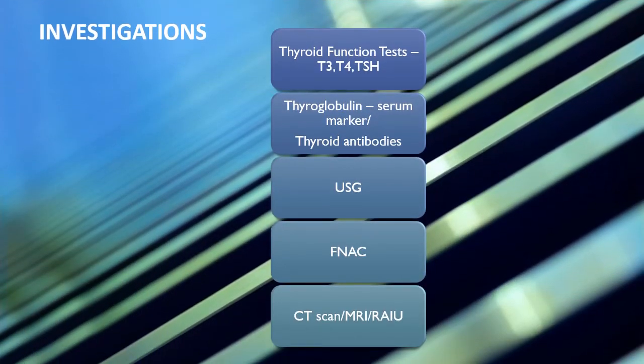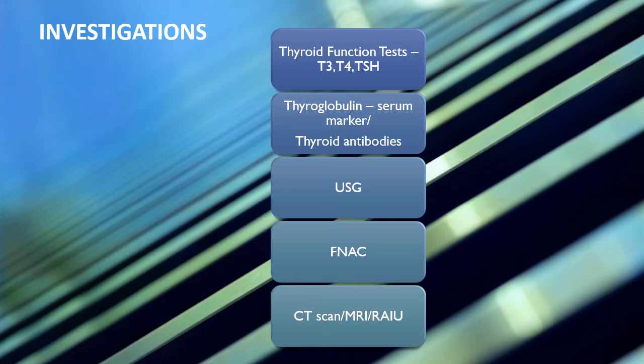The investigations required for thyroid cancers. First, blood tests, thyroid function tests, the T3, T4, and TSH. In the vast majority of thyroid cancers, these T3, T4, and TSH are usually normal.